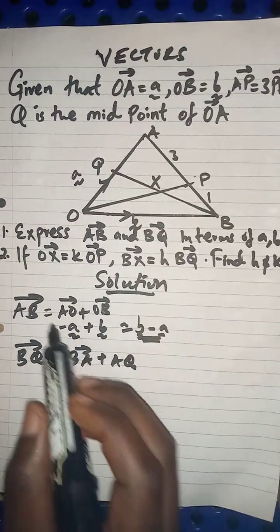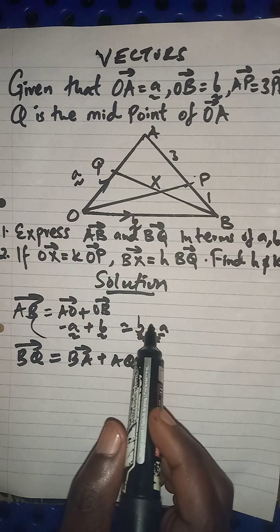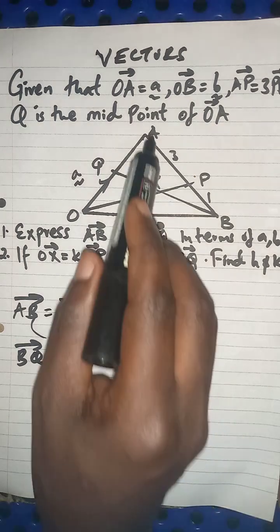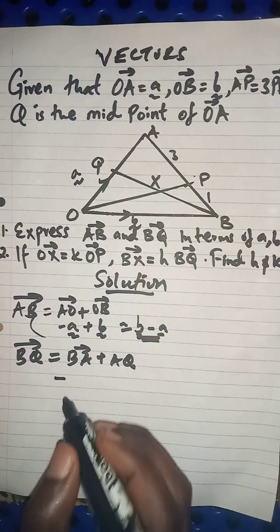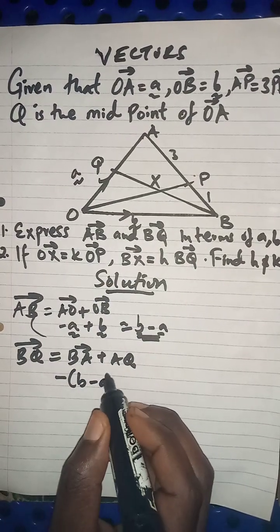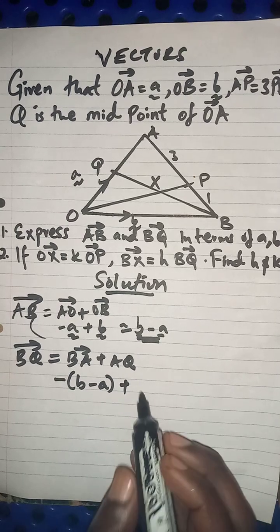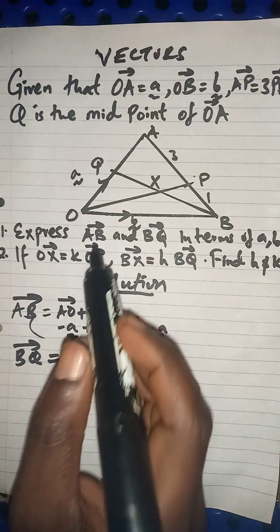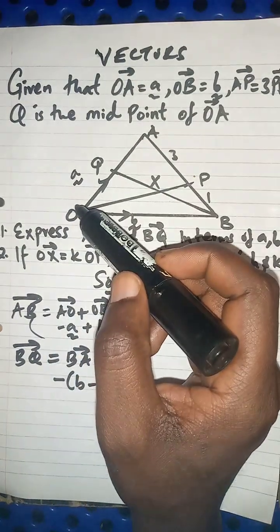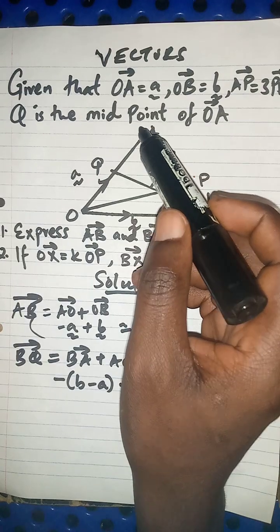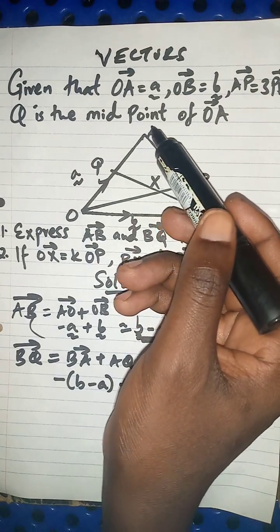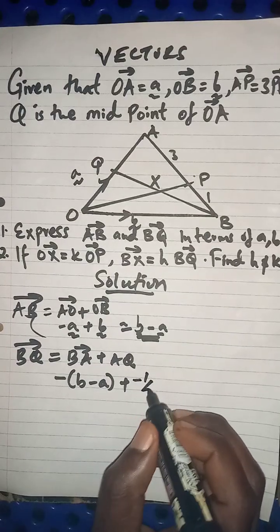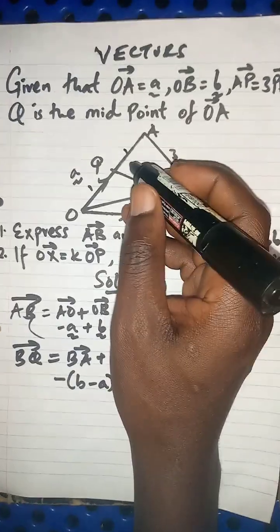But B to A, I've gotten the answer here. So I'm just going to go the opposite of the direction of AB. So it's going to be the negative of B minus A, plus AQ. So my AQ, remember the vector goes the other direction, but I'm going the opposite of QA, so it's going to be negative a half of A, since Q is the midpoint.